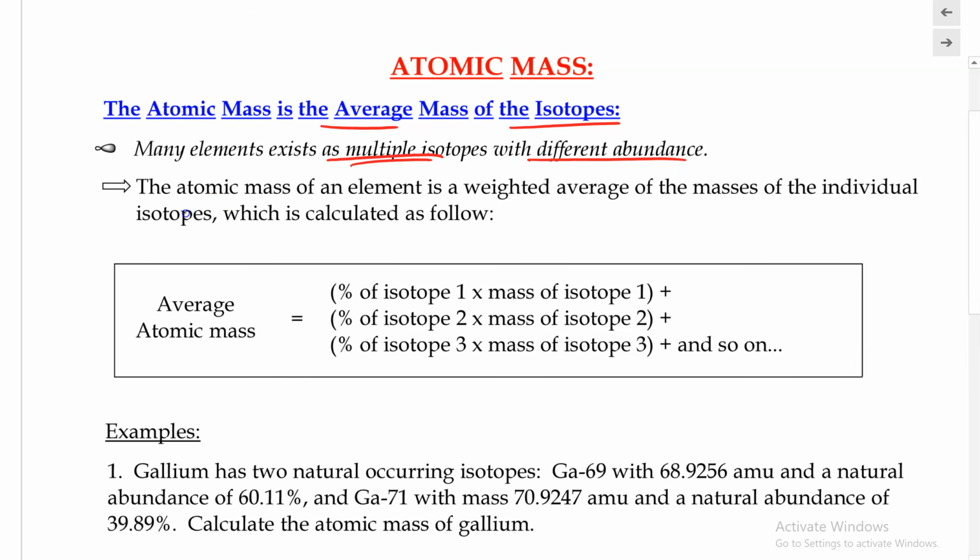So the atomic mass of an element is a weighted average of the mass of the different isotopes, and it's calculated as follows.